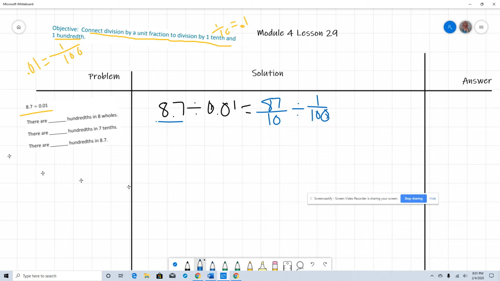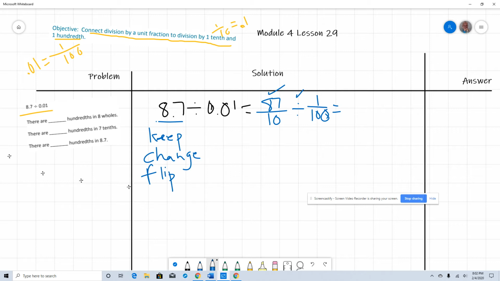Okay, so now that we have that established, we're going to use our trick to convert the division into multiplication, and this way it will be easier to get the answer. We are going to use keep the first fraction, change the symbol, which is the division symbol, and flip the second fraction.